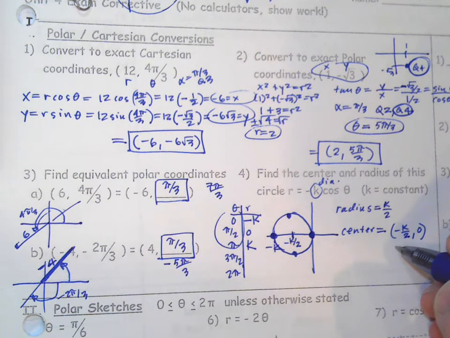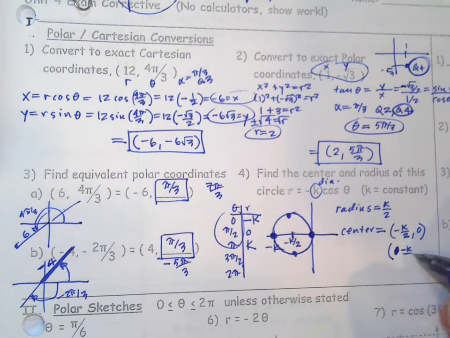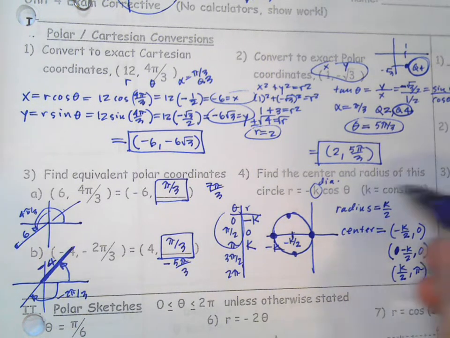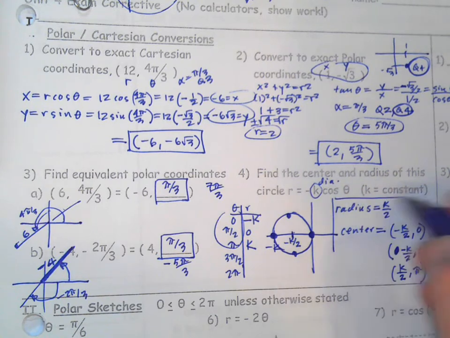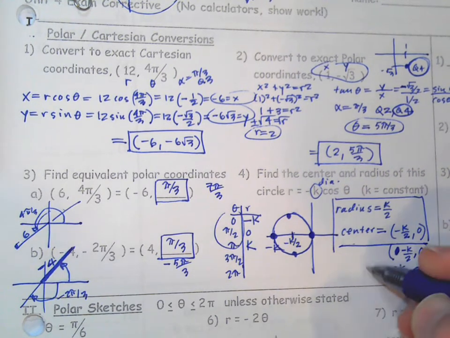In polar coordinates, there are different ways to do it. You could say a radius of negative k over 2 and an angle of 0, which is coincidentally the same. Or a positive radius, k over 2, and then you have to put pi in there. That's Cartesian. This is polar.